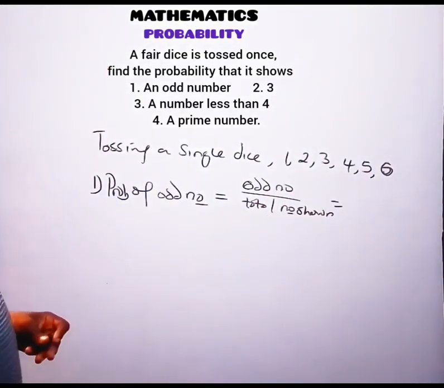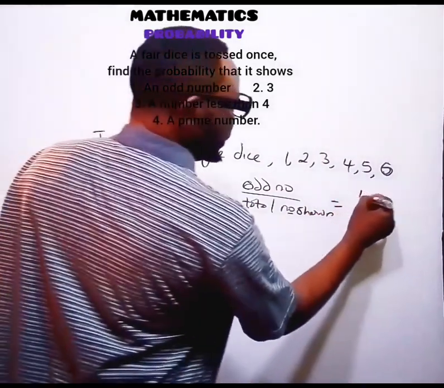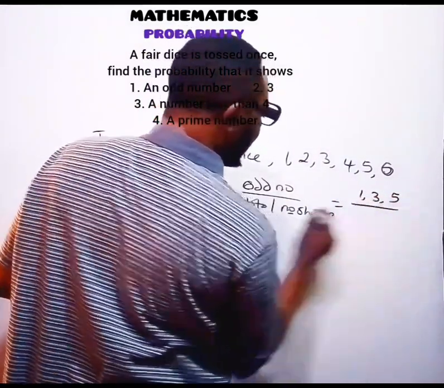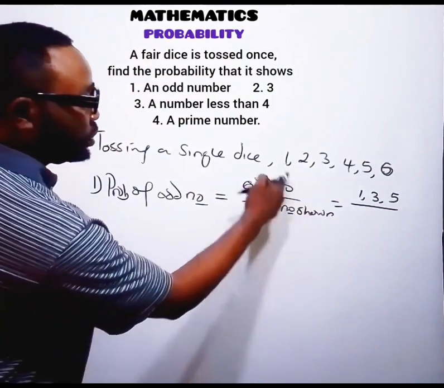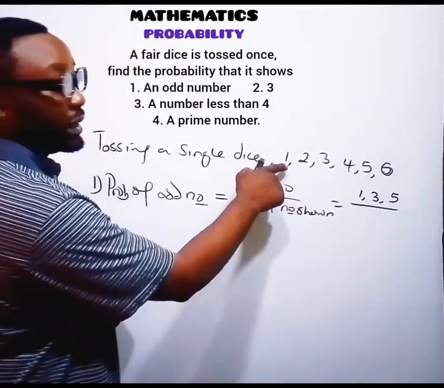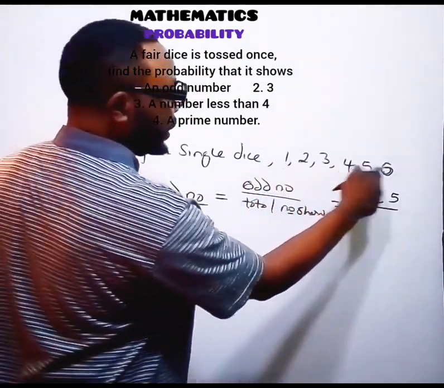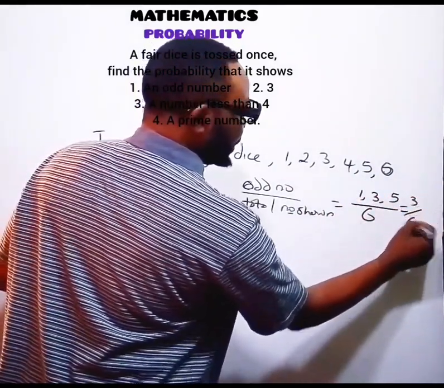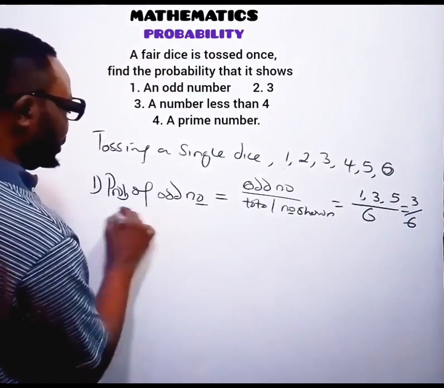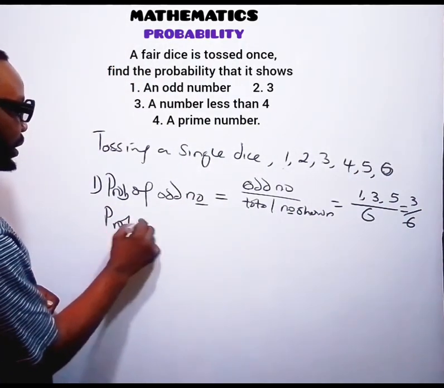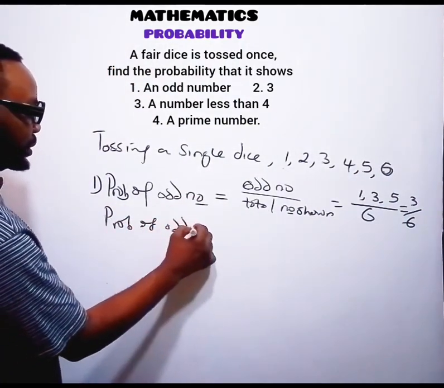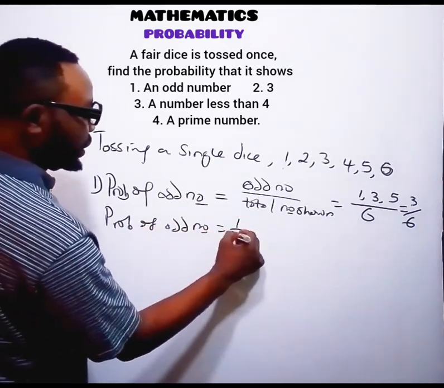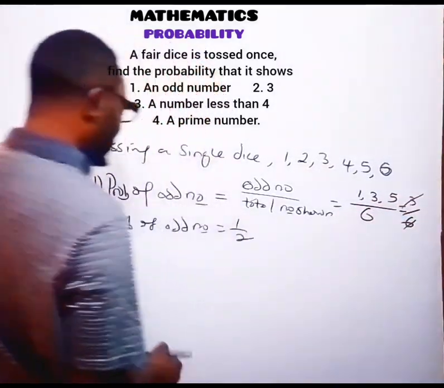The odd numbers there are 1, 3, and 5. All over, what is the total number shown when you toss a single die? 1, 2, 3, 4, 5, 6. That's 6. So that is 3 over 6. So the probability of an odd number is 1 over 2.